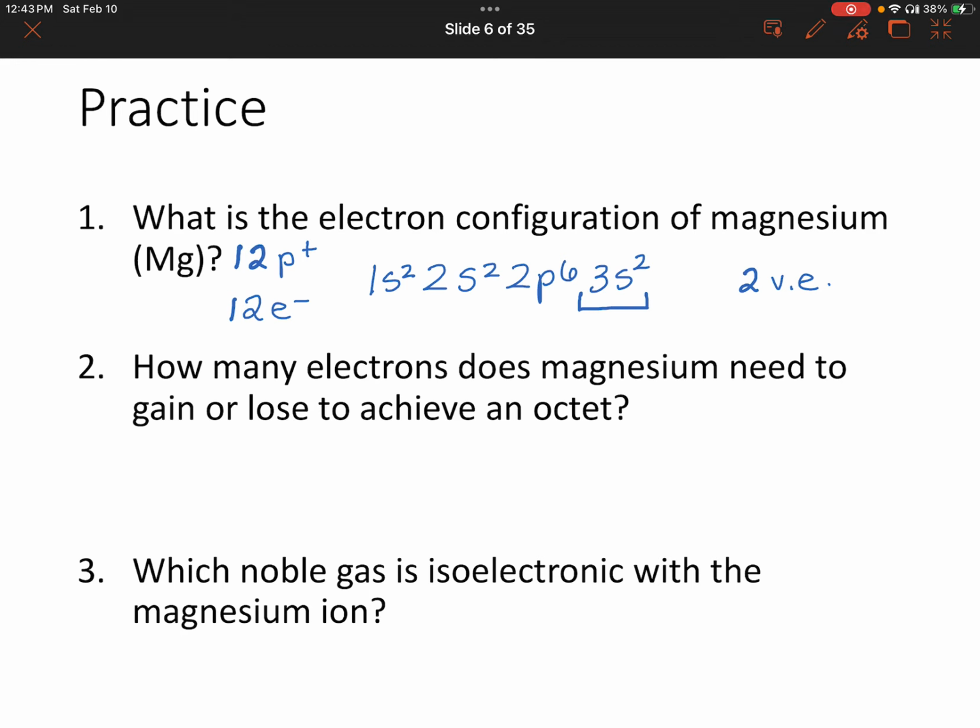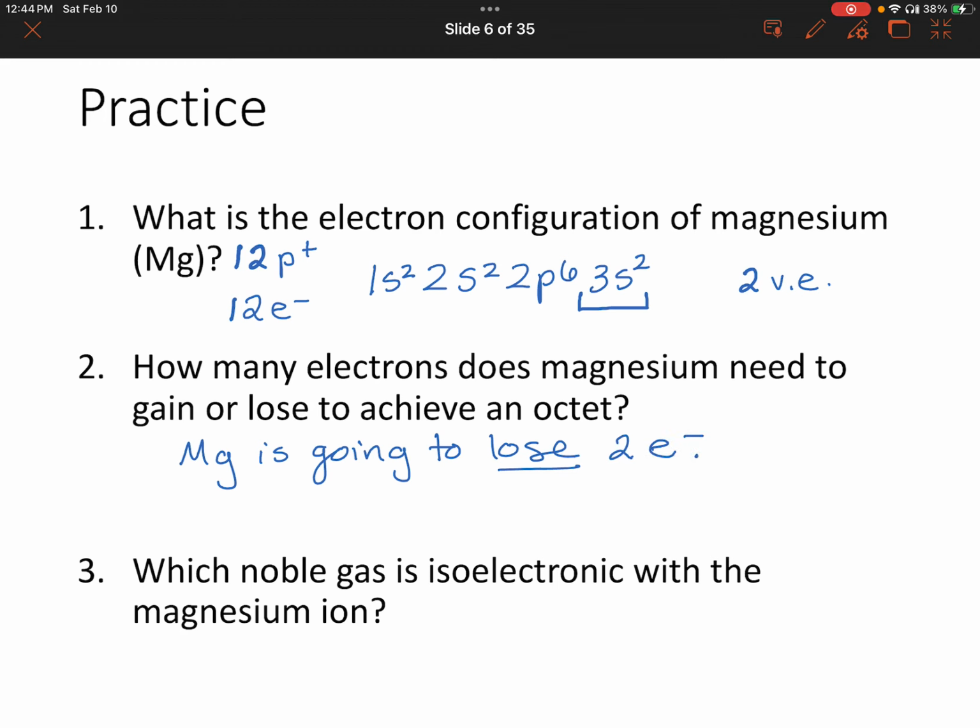So we have two possibilities. Magnesium could either gain 6 more electrons, or it could just lose 2 electrons, right? So which one do you think would be easier, to gain 6 electrons or to lose 2 electrons? Losing 2 electrons would be much easier, right? So magnesium is going to lose 2 electrons.